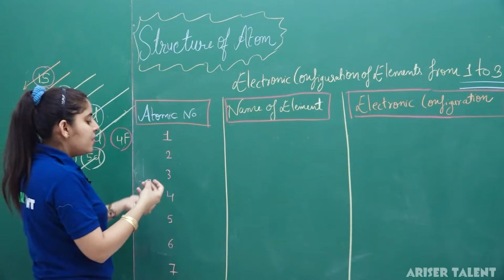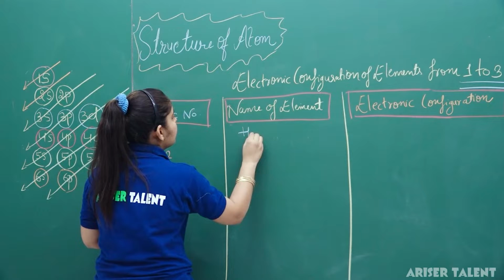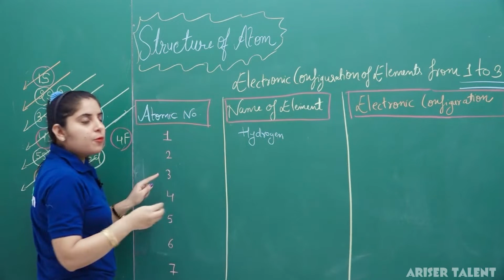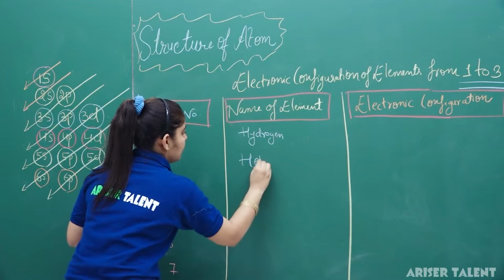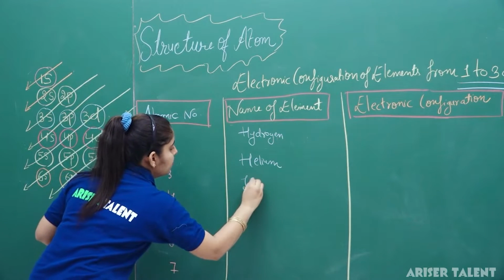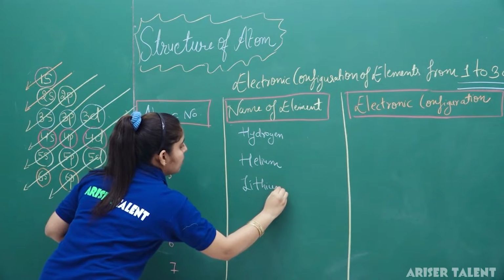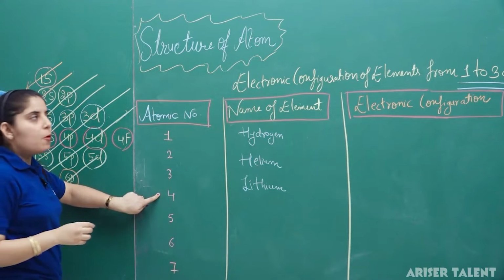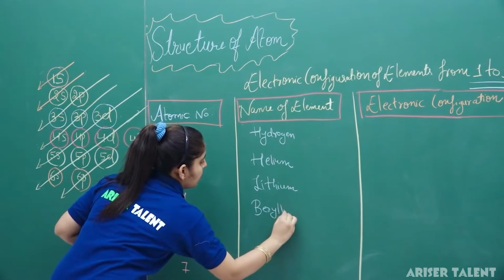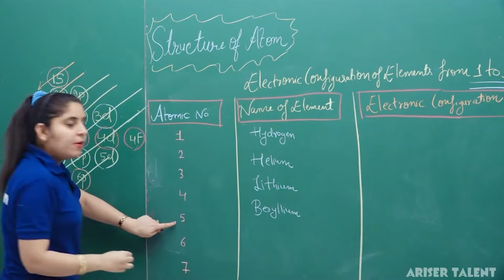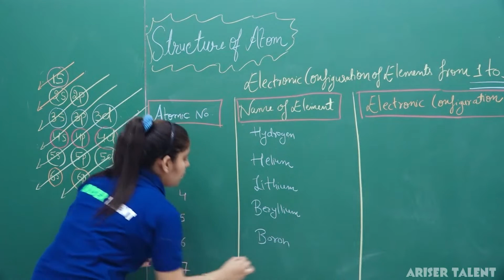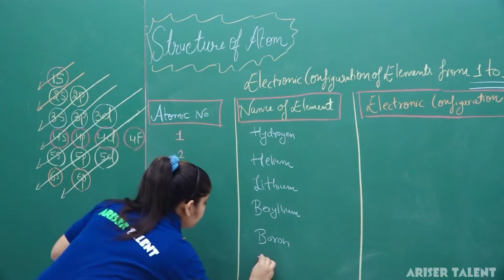For atomic number 1, we have hydrogen. Atomic number 2 is helium. Atomic number 3 is lithium. Atomic number 4 is beryllium. The fifth atomic number is boron. For 6 we have carbon.